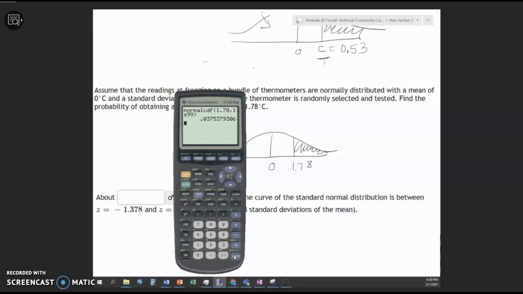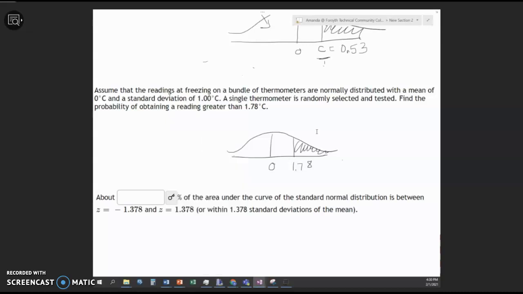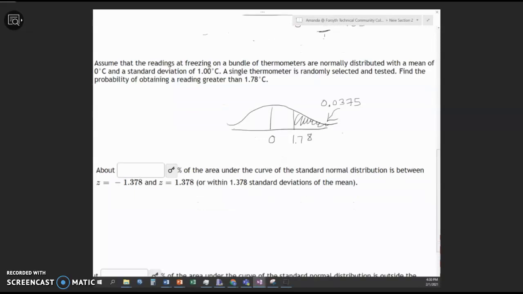And I get 0.0375. So 0.0375 is this area here. And that's our solution.